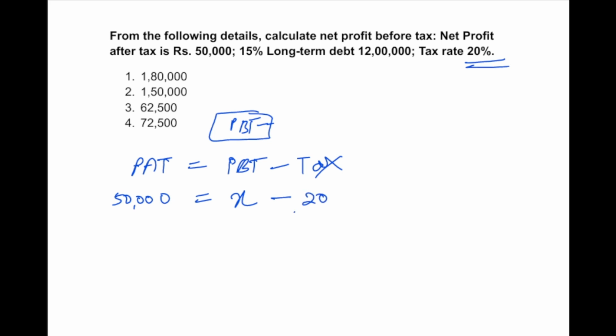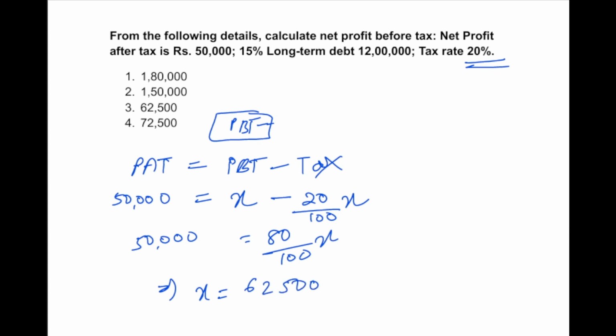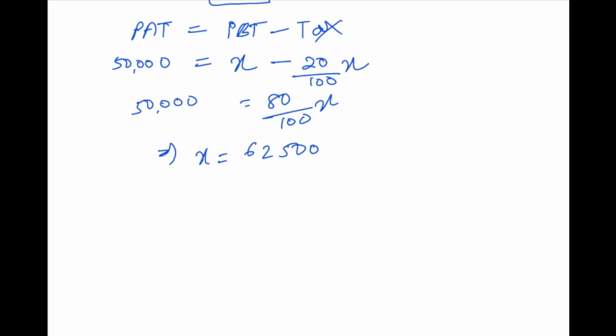So 20% of PBT, that is X. So 50,000, we'll solve this. We will get X is equal to 62,500.